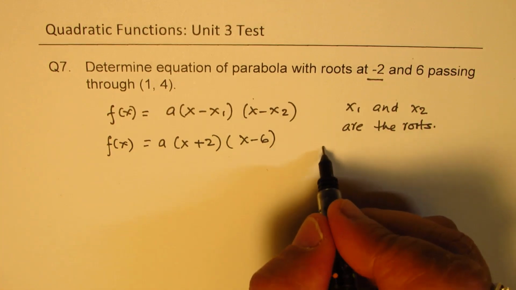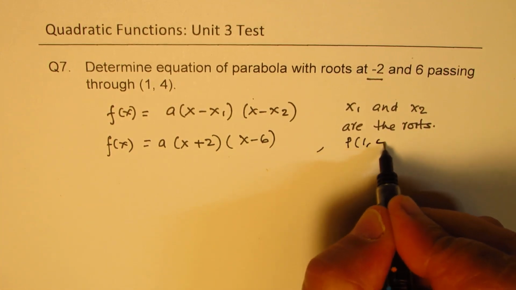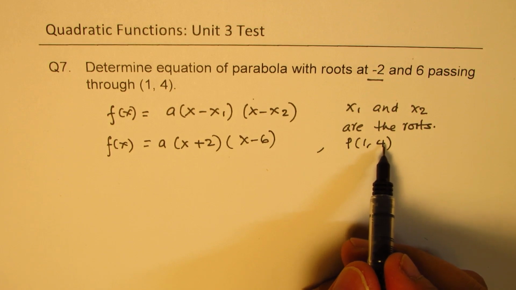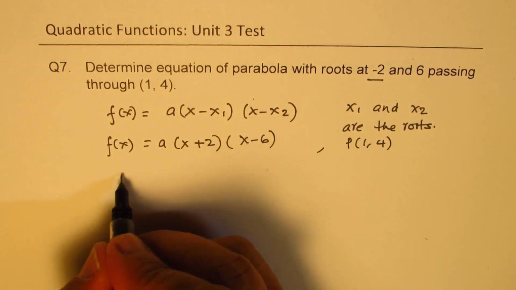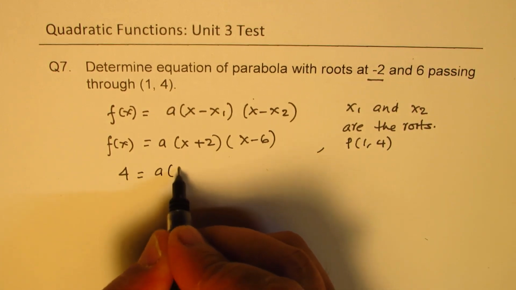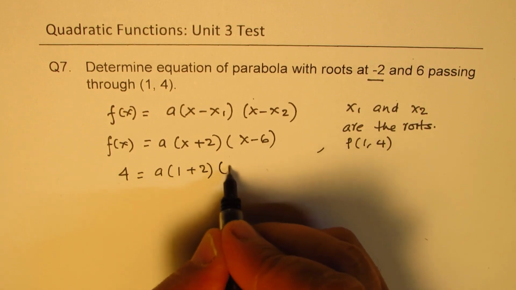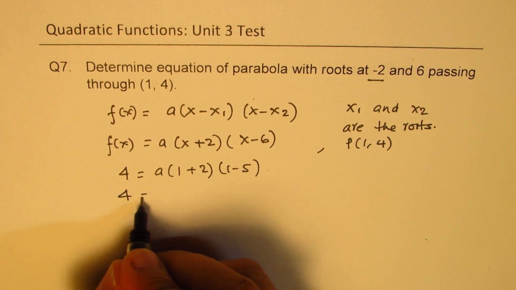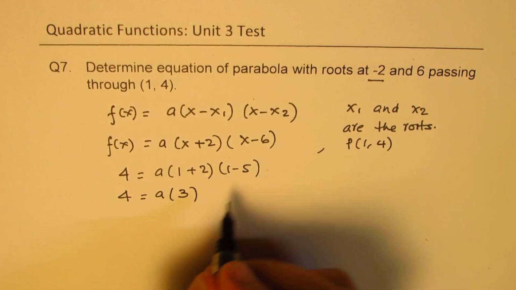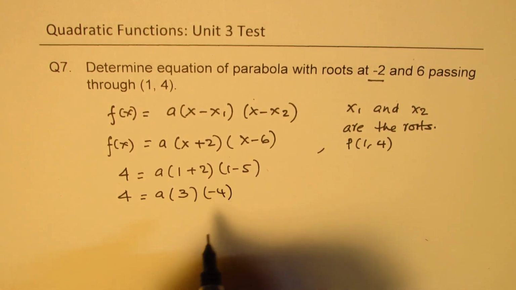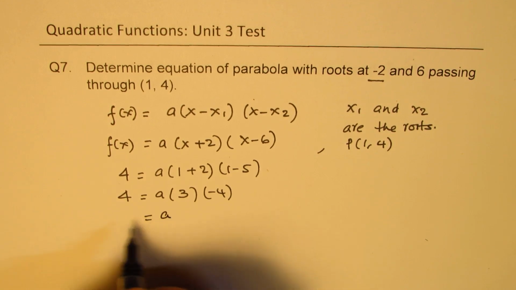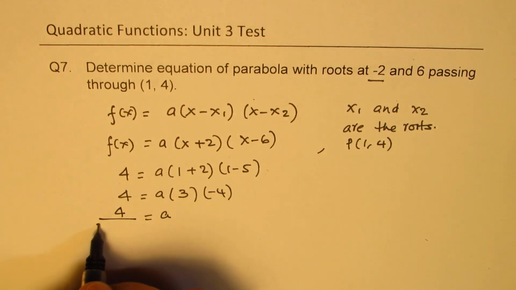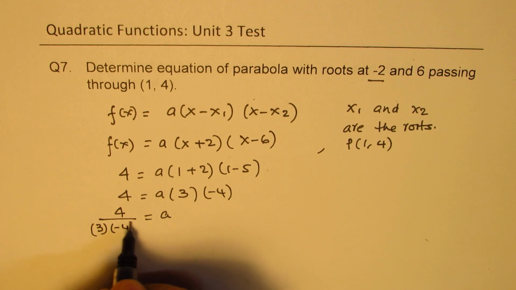Now we are also given here that we have a point P, which is (1, 4). So 4 is the y value, x value is 1. So we can write this as 4 equals a times (1 plus 2) times (1 minus 6). This helps to find the value of a, right? 3 times, and this is minus 5. So we can write the value of a as 4 divided by 3 times minus 5, right?